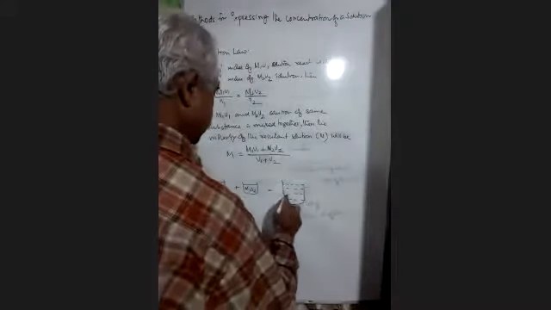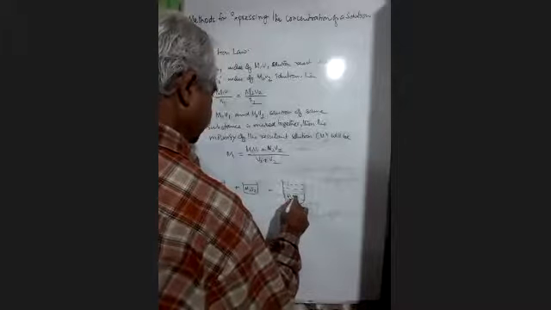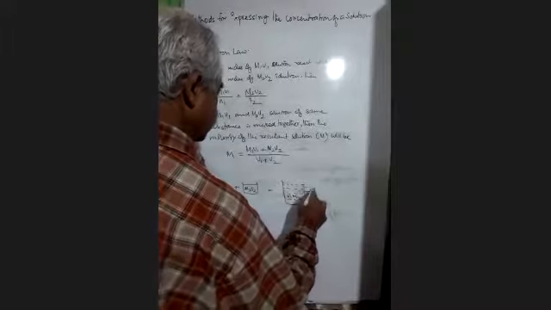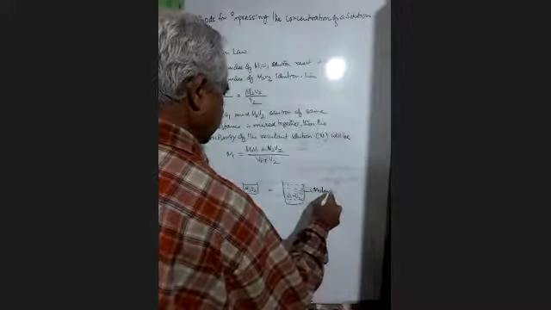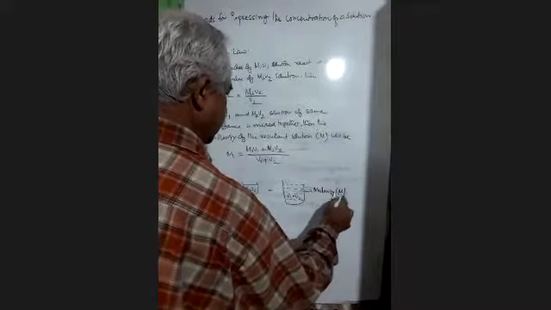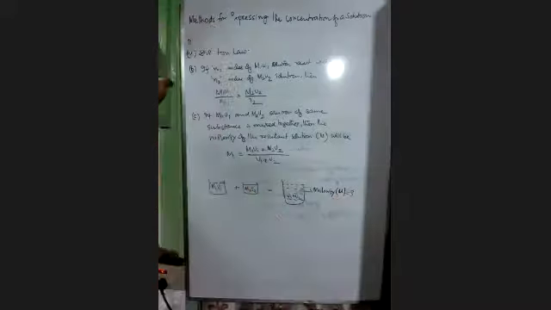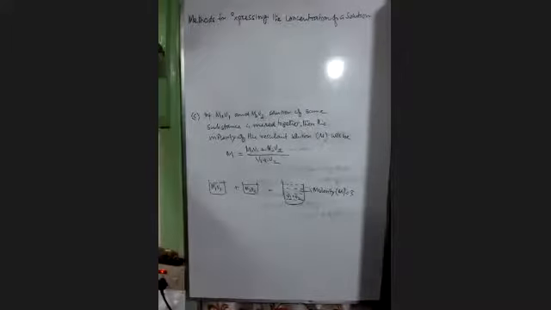So what is the volume now here? Volume is V1 plus V2. Now what is the molarity of the resultant solution? Molarity M is equal to what? Then you understand the theory.